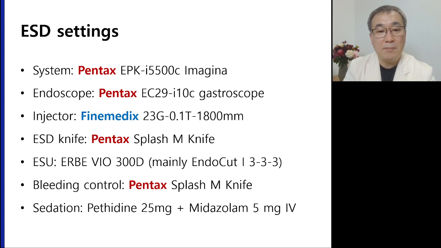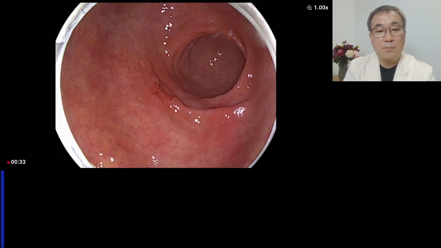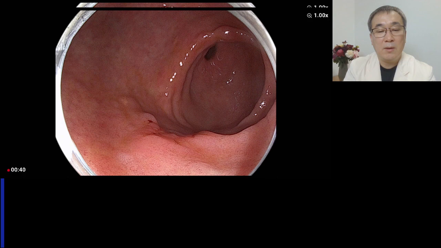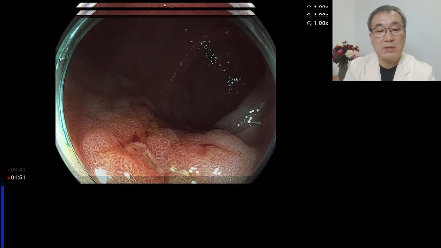Pentax system, I10C gastroscope, 5-Medix injector, Splash M knife, and so on. The procedure was done as usual. The lesion is located on the anterior greater curvature side of the gastric antrum. It was a slightly depressed lesion.